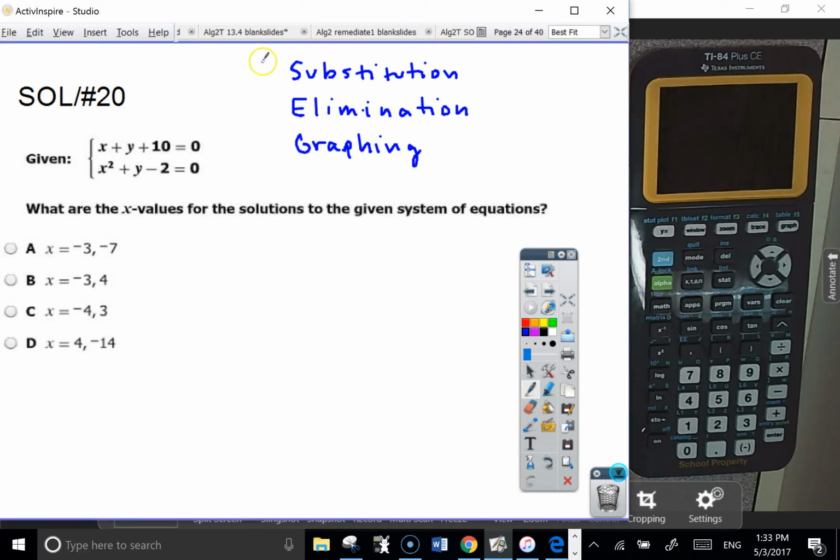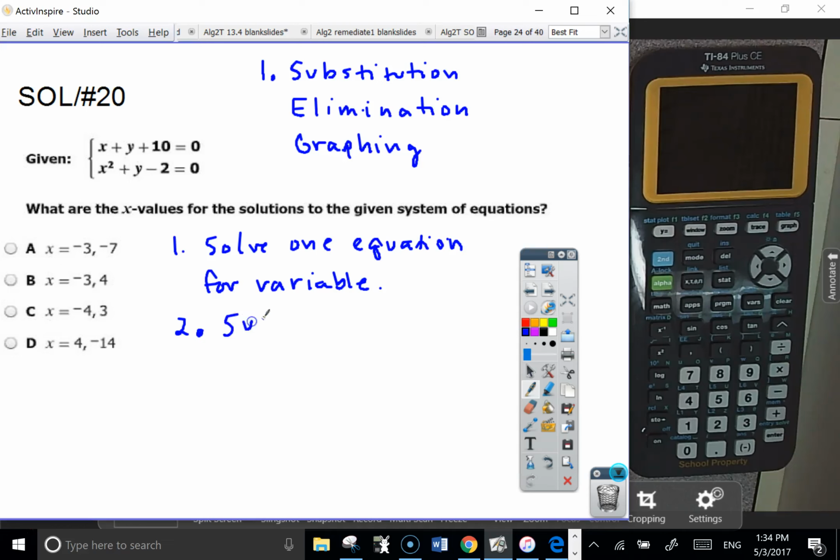So if it's substitution, right, then you solve one equation for one variable. Right? Then what? Right? You substitute into the other equation. Okay.